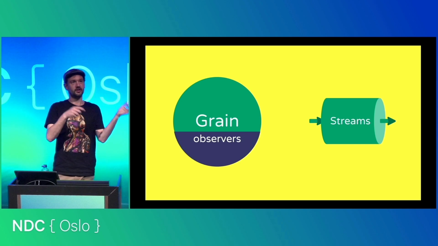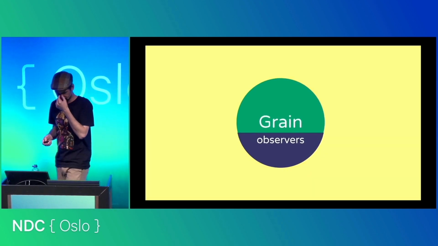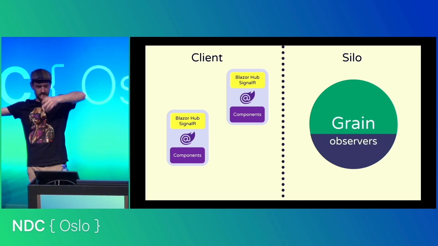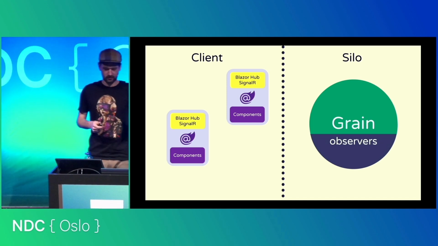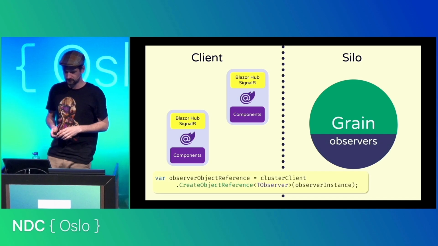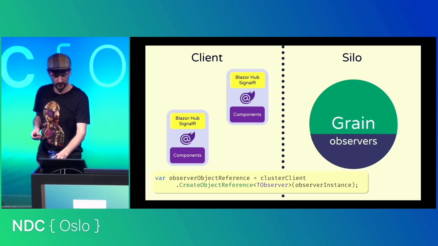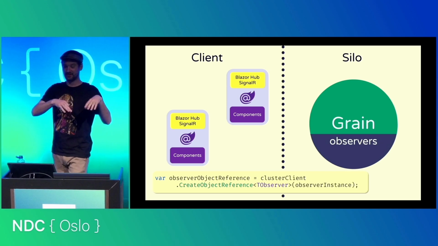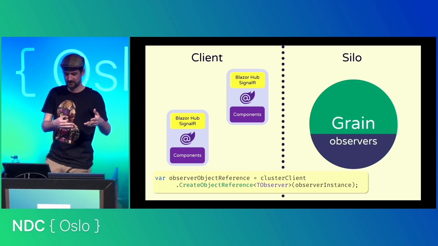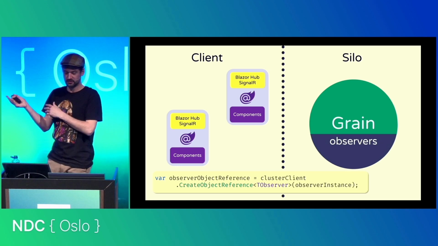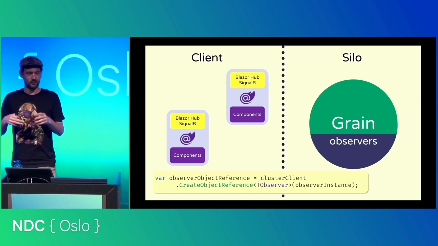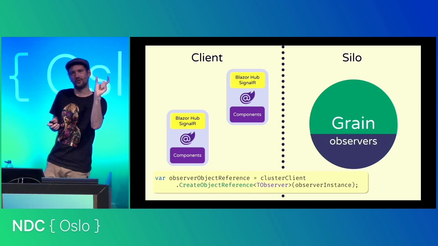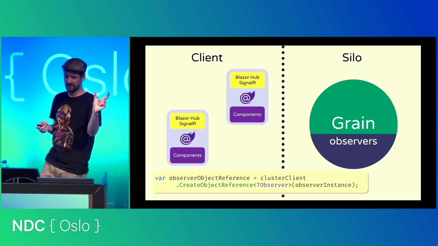So if we dive into grain observers, we will have our silo with the grain and observers, and then on the other side we've got our clients. On the client side, we can create a reference to our component by saying cluster client CreateObjectReference, and then we pass in ourself, and it will create a little proxy to that client object.